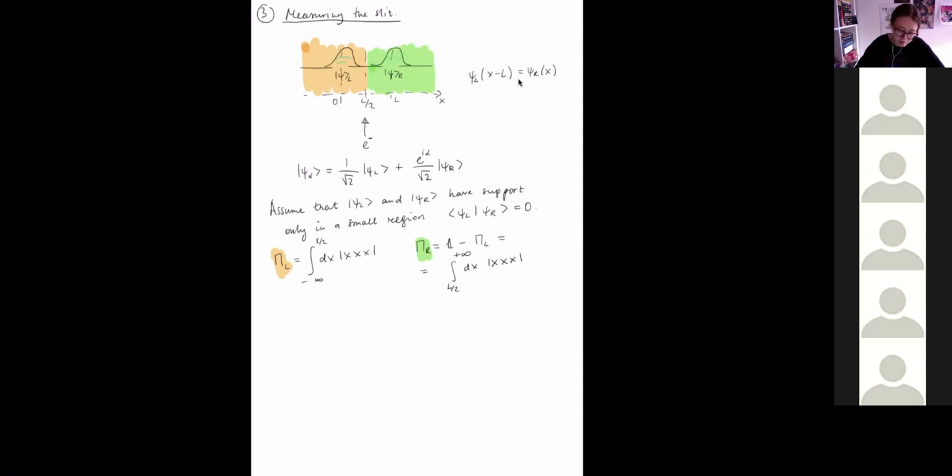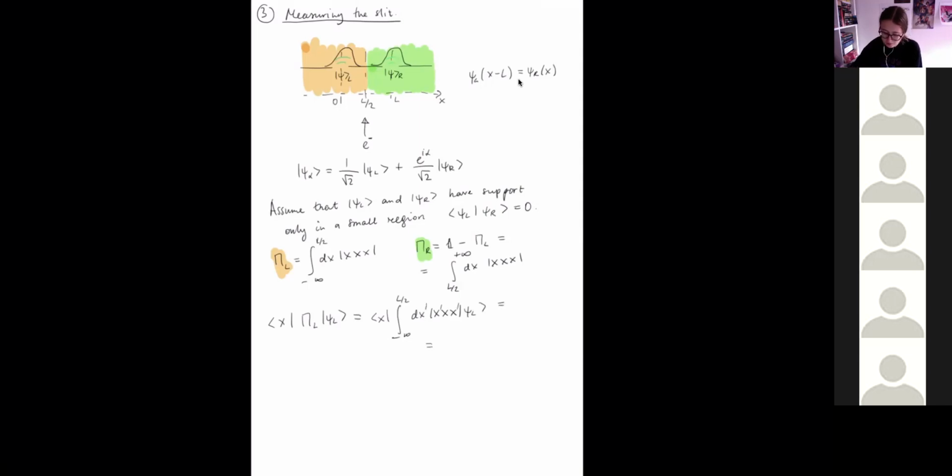Now let us look at how PL and PR act on the wave functions psi L and psi R. First, let us act on psi L and see what it corresponds to in the position representation. So we substitute PL here, dx |x><x| psi L. Sorry, we need to integrate over x prime.